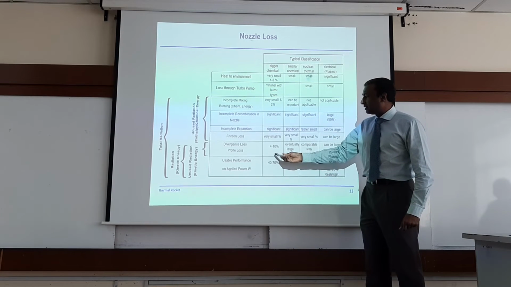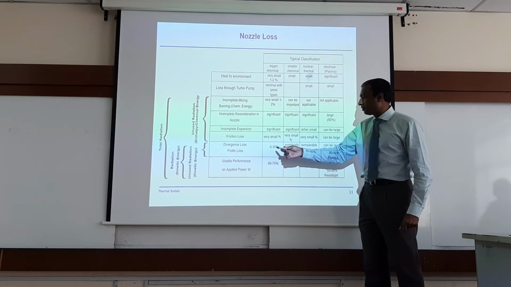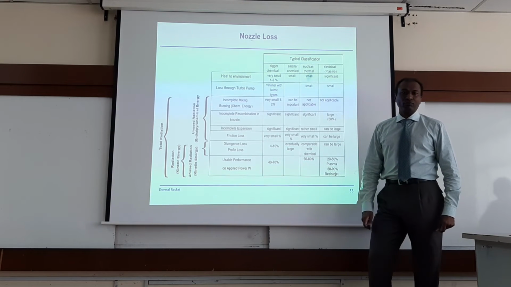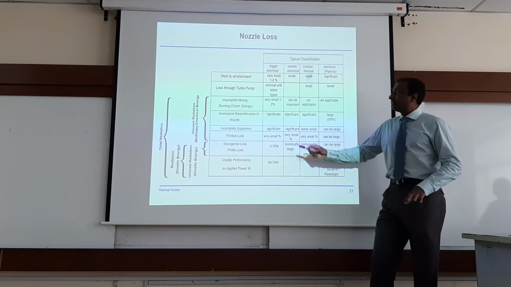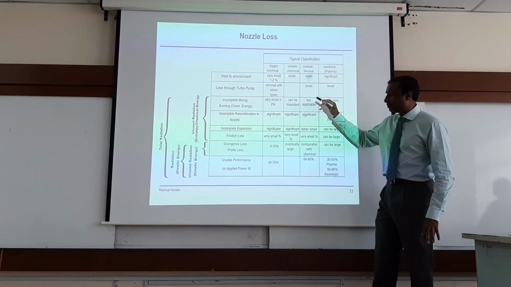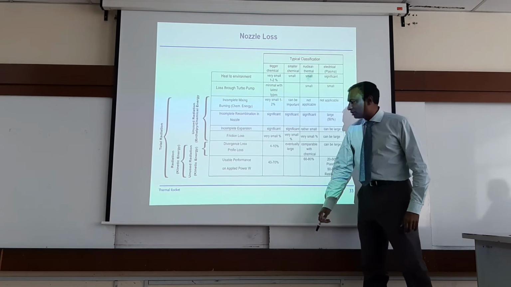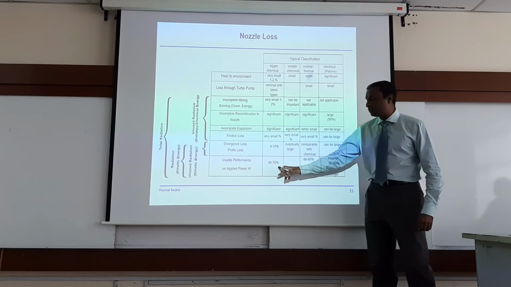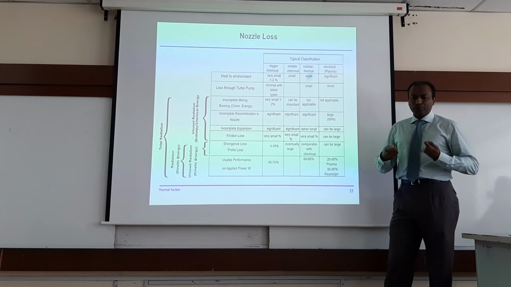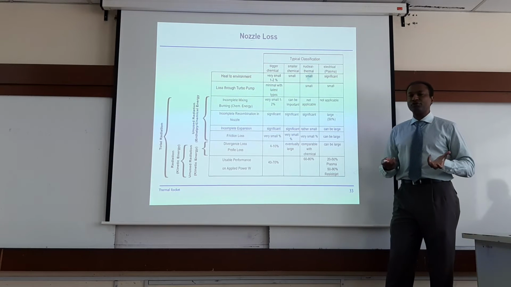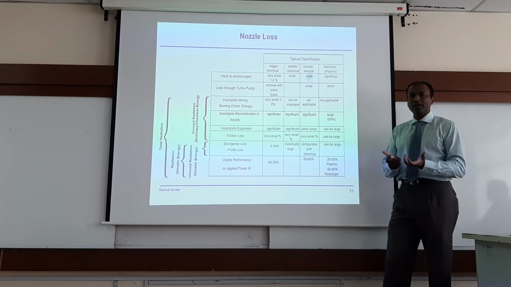Now why is divergence loss so critical? Because it is going to affect your jet flow, as simple as that. The rest are basically at 1%, 2%. What this means is that usable performance of applied power, when you put energy into the rocket engine, is probably 40 to 70% usable.